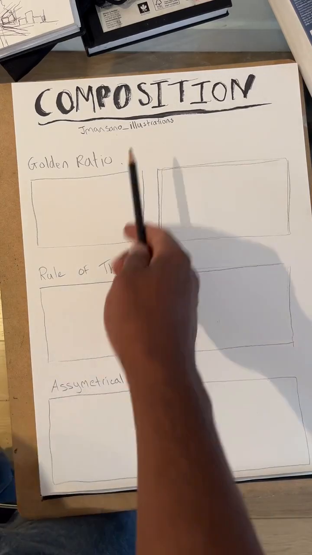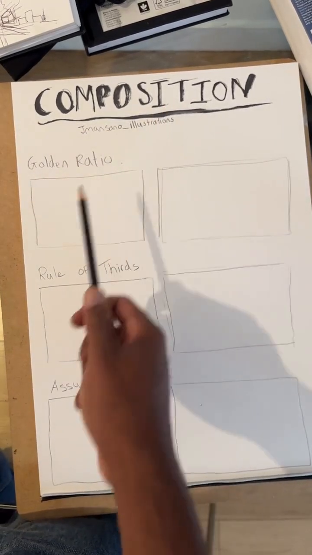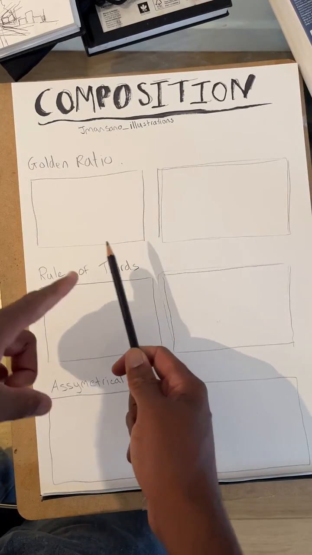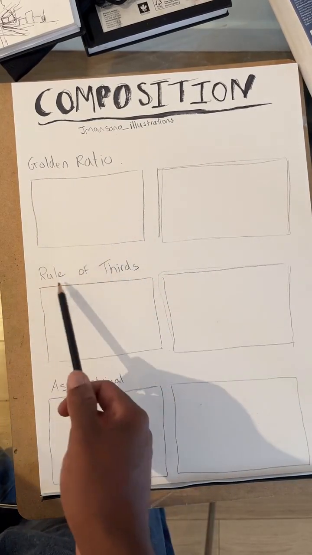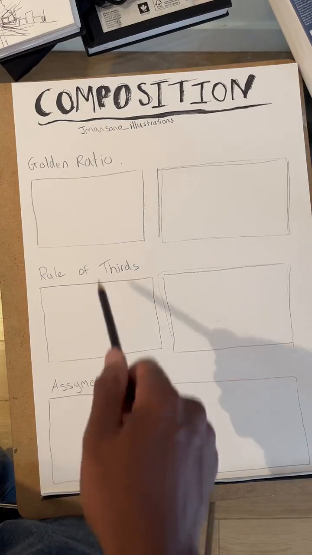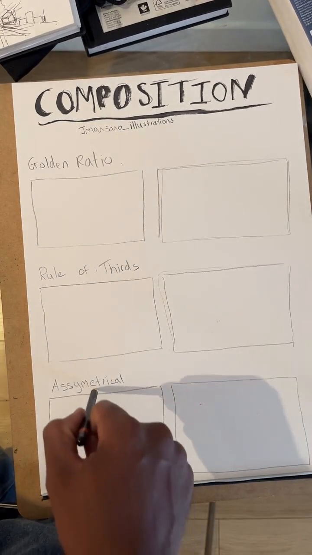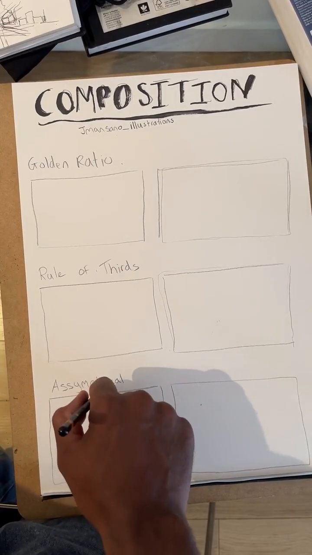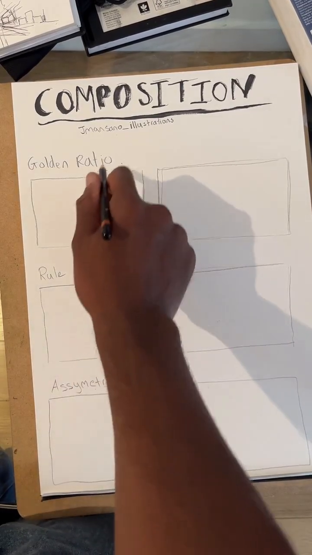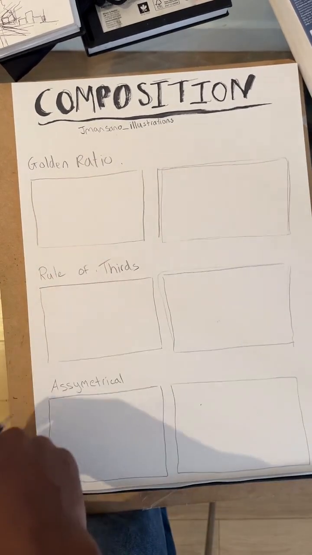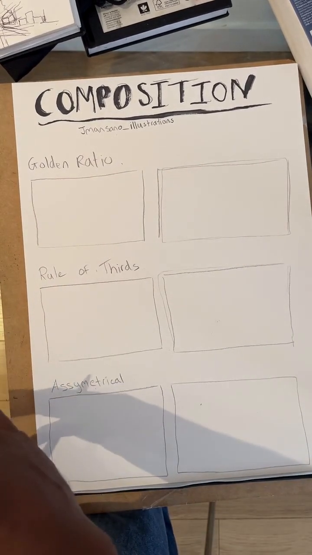Composition is like, before even perspective, there's composition, I would say. There are so many different ways you can look at composition. Right now, we're going to look at 3 of the compositions that I use in my work.